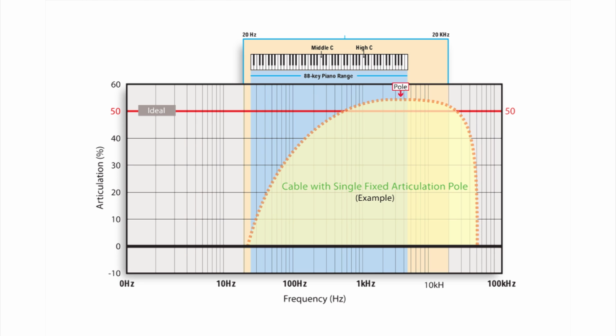Every cable, no matter the manufacturer, will have a point along the audio bandwidth where it articulates properly. It's doing the best job that it can do. And then they will roll off from there in the high frequencies and in the low frequencies.